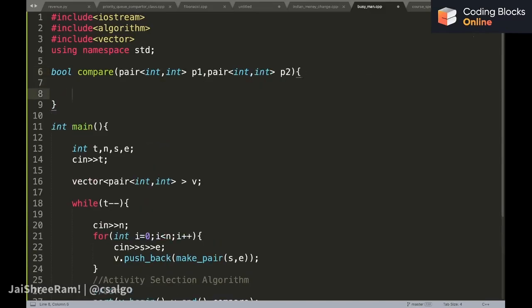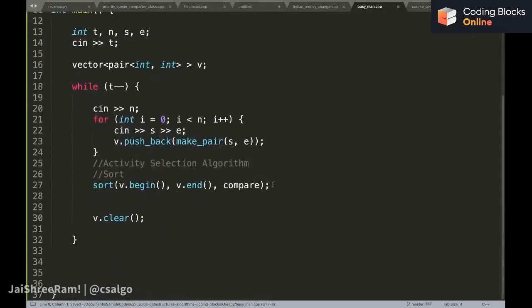Given two activities p1 and p2, we want to compare based upon the finishing time. So I can say return p1 dot second, because the first value is the start time and the second value is the end time. So p1 dot second is less than p2 dot second. So that's my compare function.